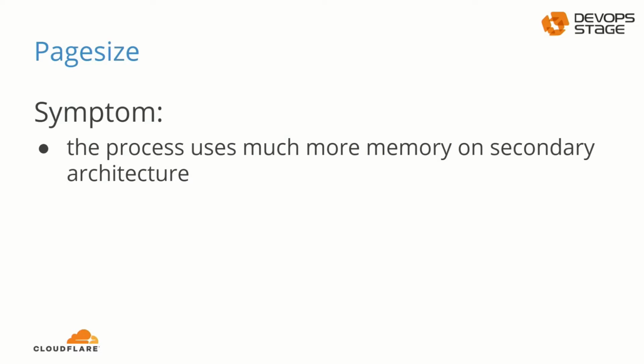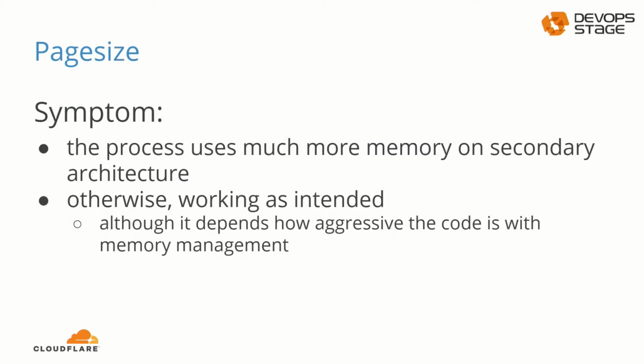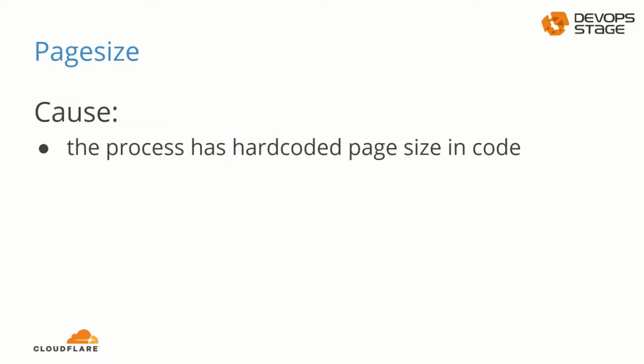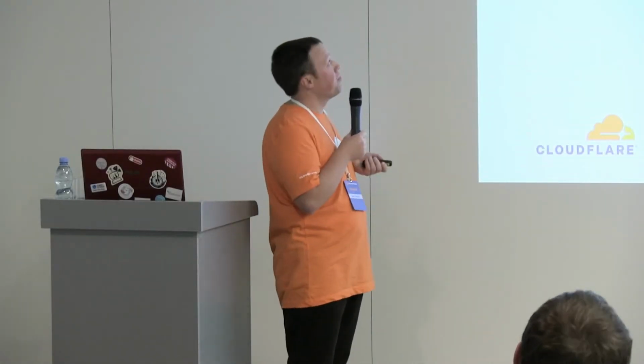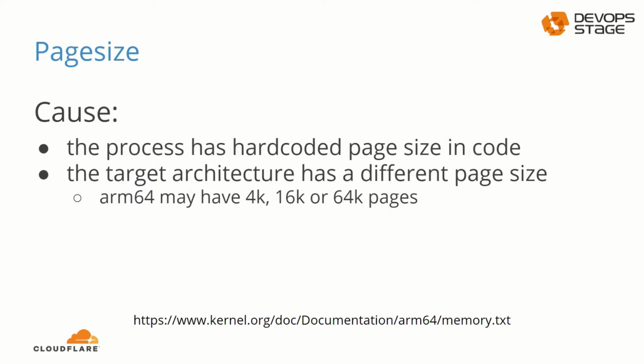The symptom we encountered here is the process uses much more memory on the secondary architecture. However, otherwise it doesn't crash. It actually works as intended, although it may be different for different workloads depending on how aggressive the code is with this memory management. The cause is usually that the process has a hard-coded page size, but the target architecture has a different page size.